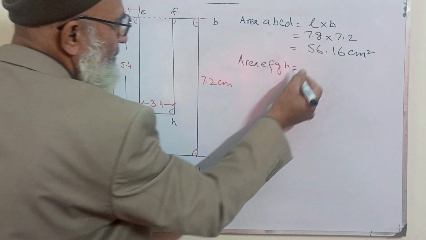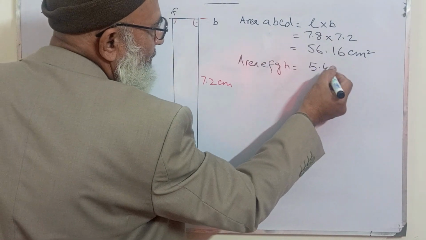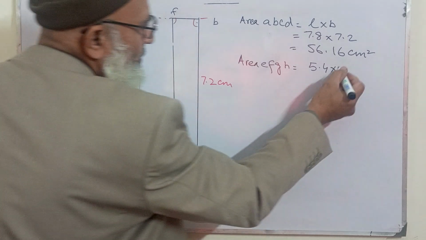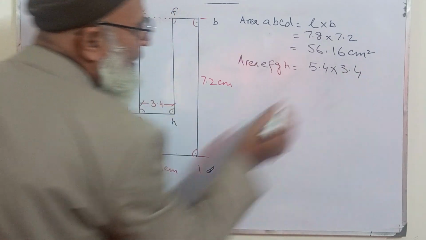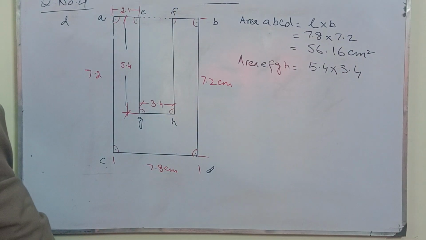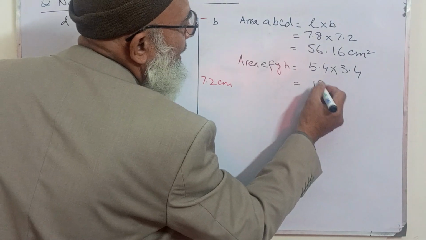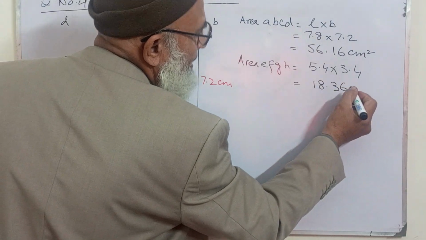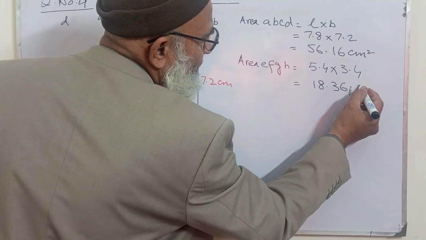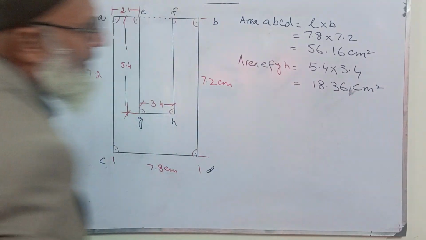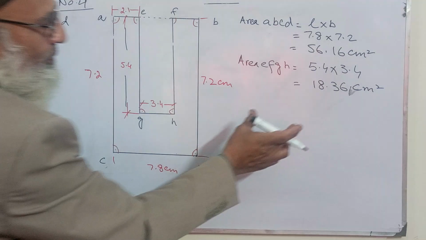Again the formula will remain the same. 5.4 multiplied by 3.4 equals 18.36 centimeter square. Now this is the empty portion.